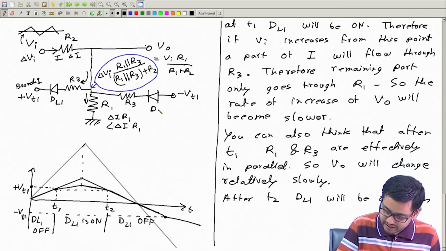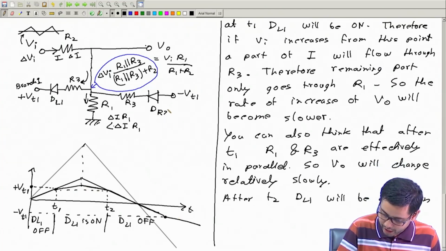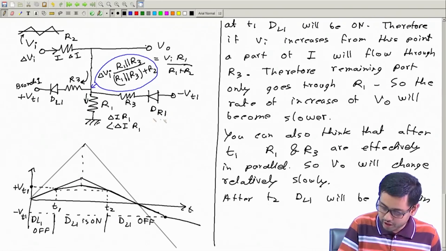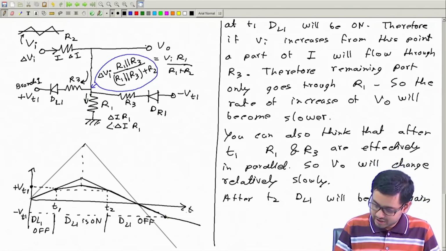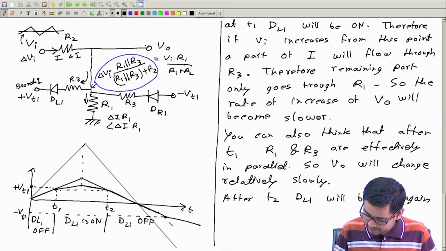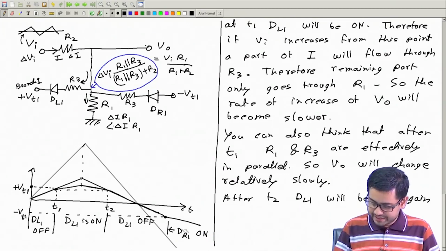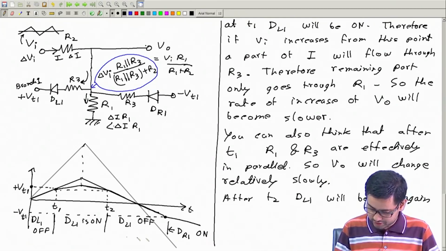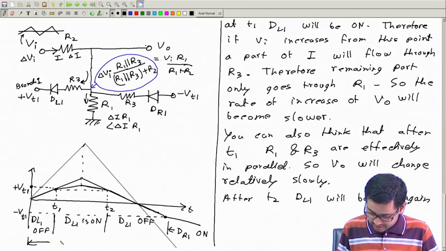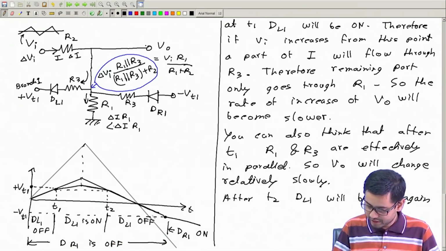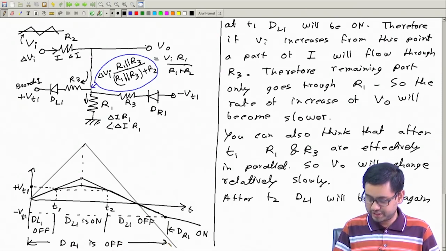I'll call this DR1 and the other DL1, L for left, R for right. So here DR1 is on and DR1 is off throughout in this positive half as well as in this part of the negative half.